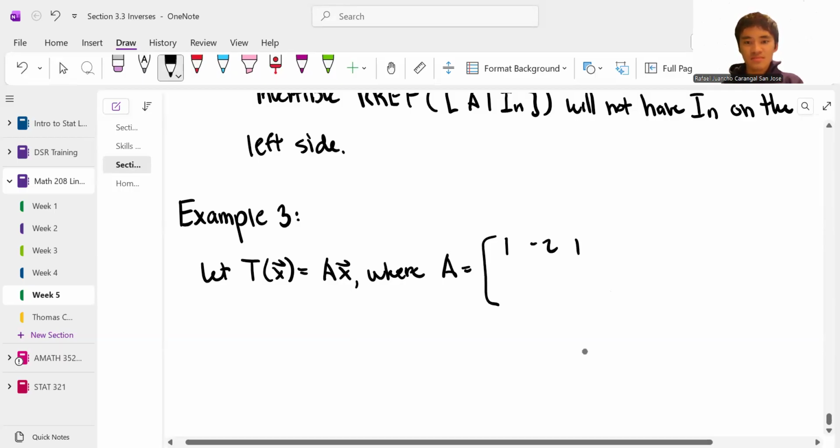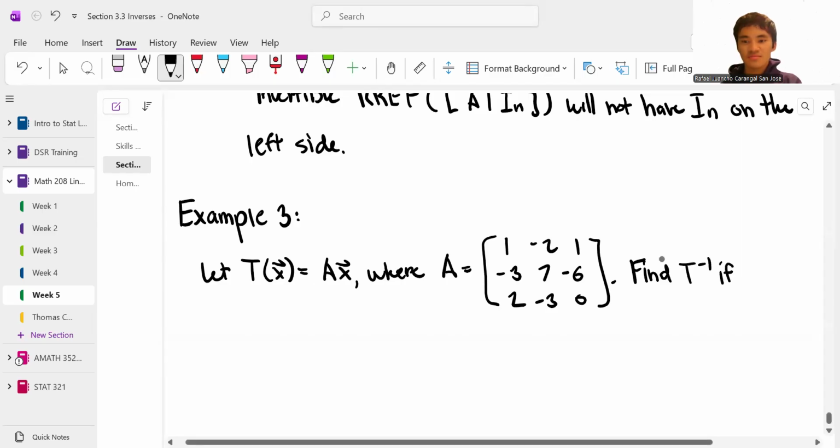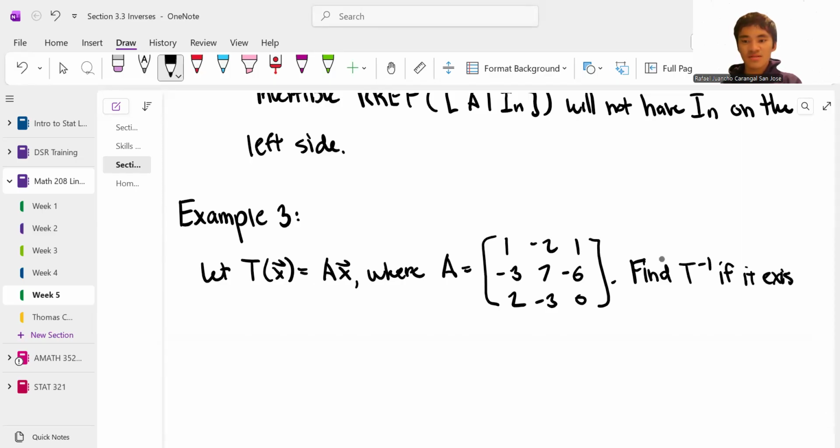Because the matrix tells us the numerical coefficients of the function. So A here is a square matrix 3 by 3. Now we're asked to find the inverse, if it exists.